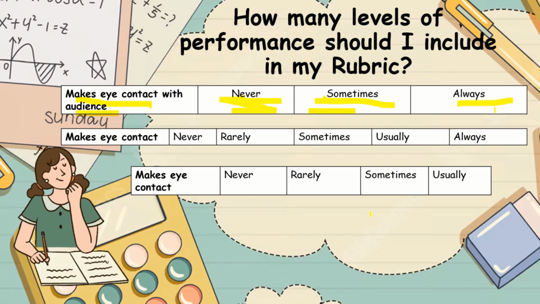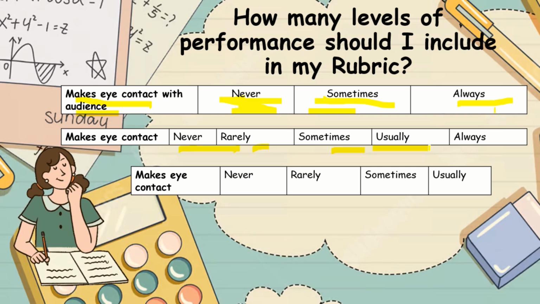At this point, you may decide to expand the number of levels of performance to include never, rarely, sometimes, usually, and always. In here you just include the three levels, but here you include the never and the usually.